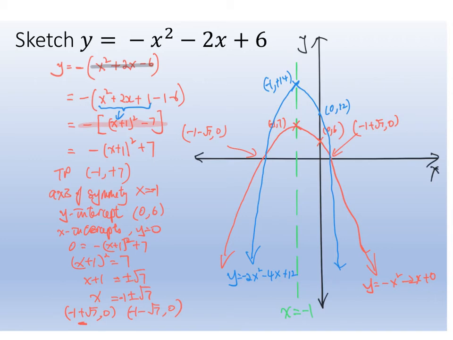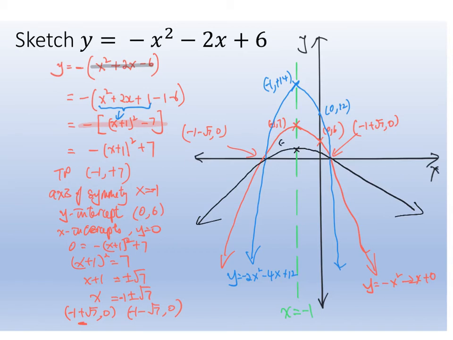Now, the next one, straight away, you can see that it is half of it, and you know that it's wider. There's no change in the x-axis intercept.